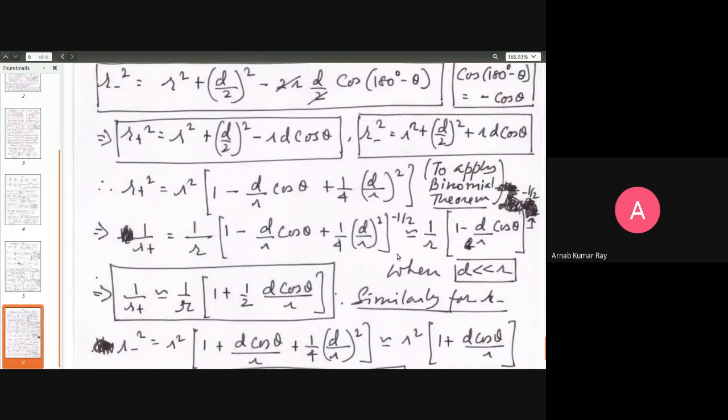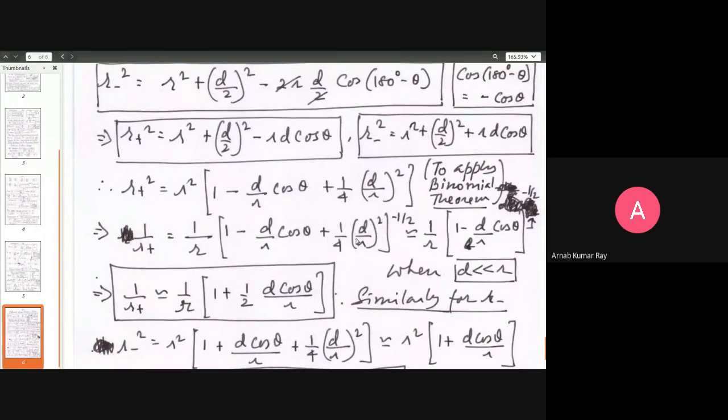Then we apply an approximation. You notice that this is not an equal to sign. This is an approximately equal to sign. What is the approximation? We have neglected this (d by r) squared. Why so? Let us try to understand. We have just kept 1 minus d cos theta by r, or d by r cos theta, and then plus 1 by 4 (d by r) whole squared.